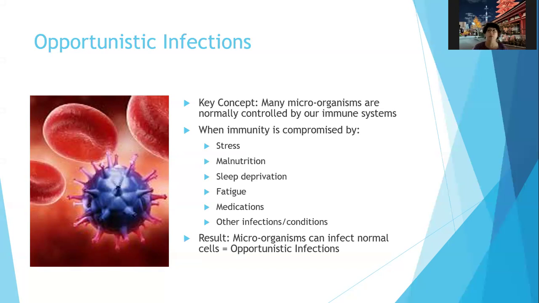In our upper respiratory system, we have normal flora that take up space so other pathogens can't get in. In our lower respiratory system, we do not have any normal flora. It's sterile. And if normal flora get in there, that causes a disease.